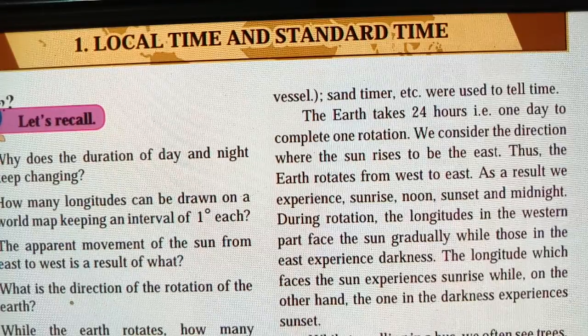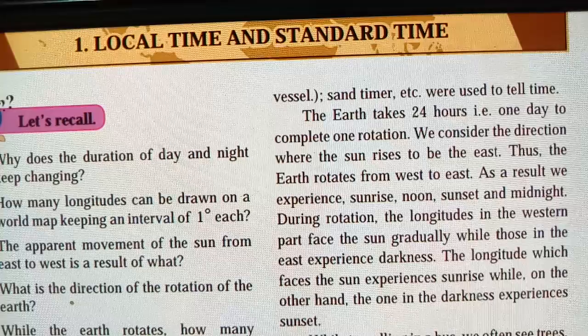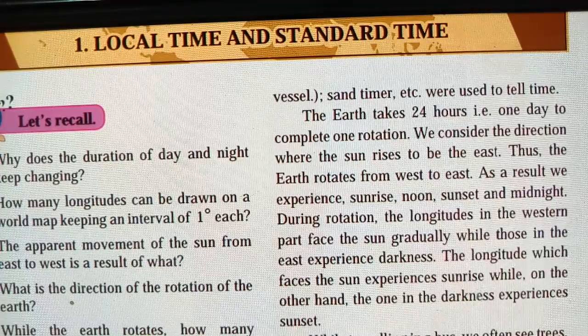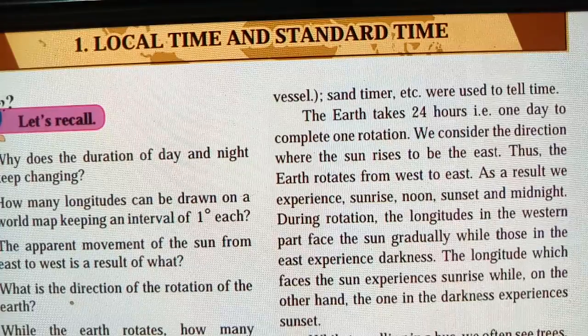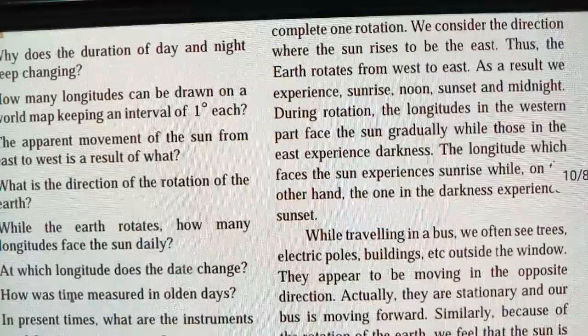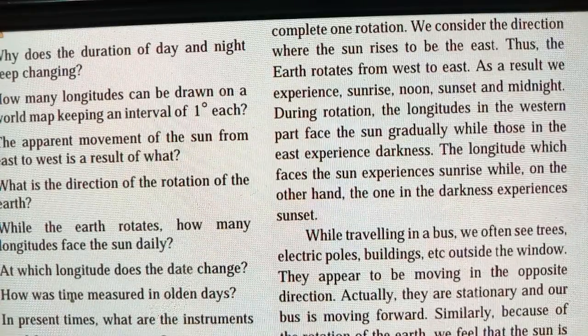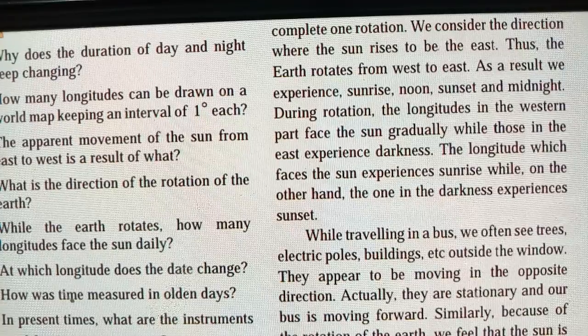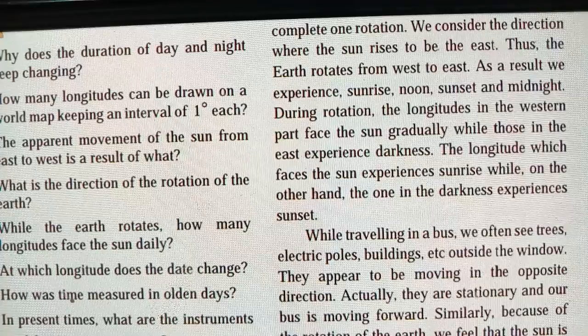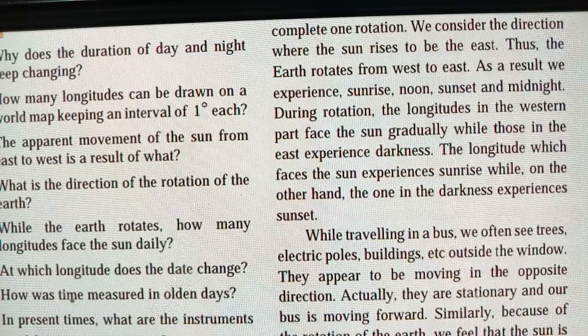These are the two portions we have on the earth. The longitude which faces the sun experiences sunrise, while on the other hand the one in the darkness experiences sunset. So we have different types of experiences. We have the daylight experience and we also have the darkness experience because of sunrise and sunset.